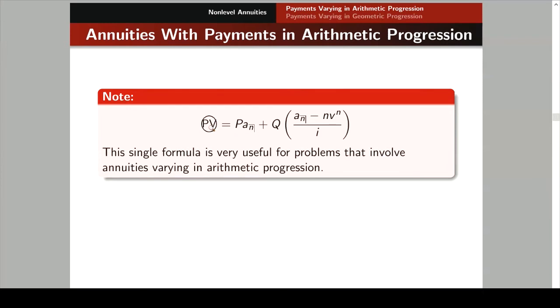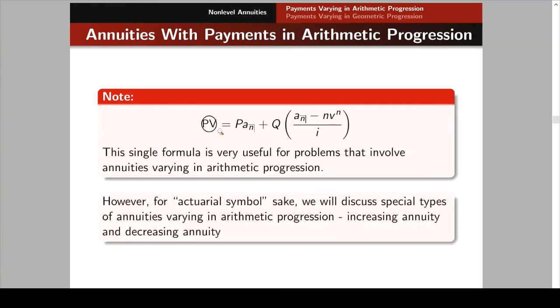But even this formula can answer any annuity problems with payments in arithmetic progression. We still need to derive other formulas for actuarial symbol's sake. Para pag nakita nyo yung mga actuarial symbols na yon, familiar kayo.